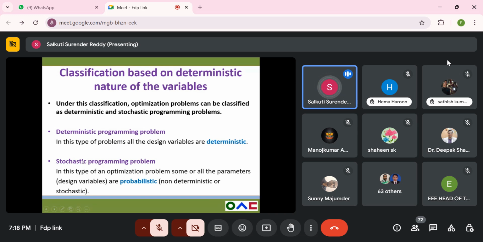They are stochastic or probabilistic in nature, or we can say non-deterministic. In that case, we need to use a stochastic programming problem instead of a deterministic programming problem. So based on your design variables, deterministic or stochastic programming problems.